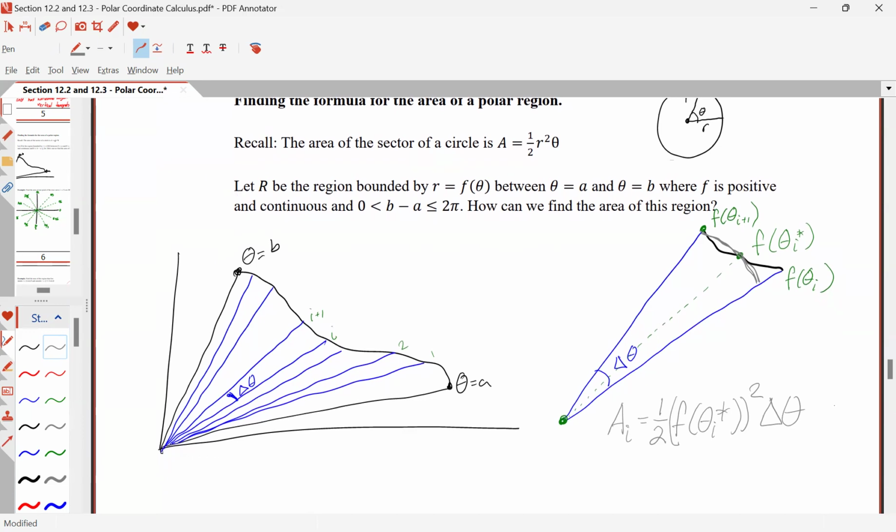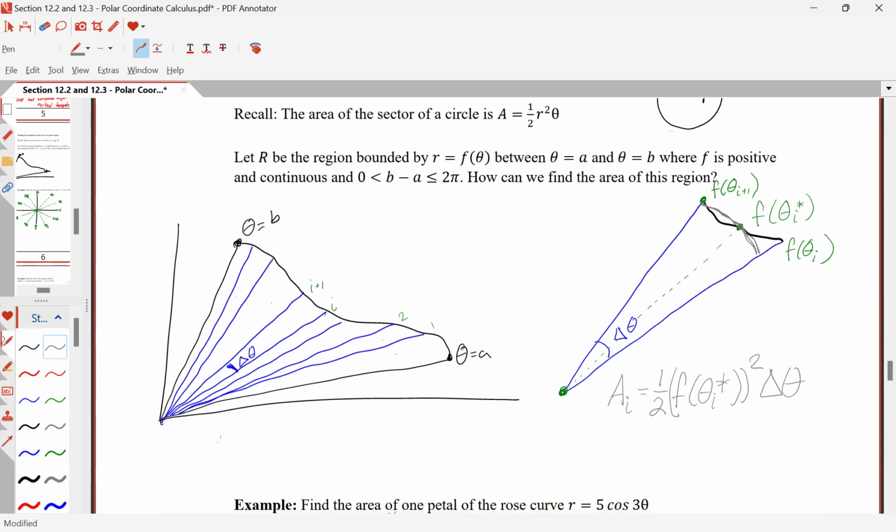Taking the same idea, that is just one little area of the sector. So we're going to add up all of them and make that angle delta theta really tiny. So area equals the limit as n goes to infinity of the sum i equals 1 to n of 1/2 f of theta i star squared delta theta.